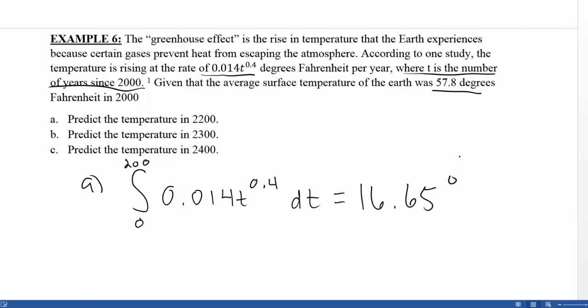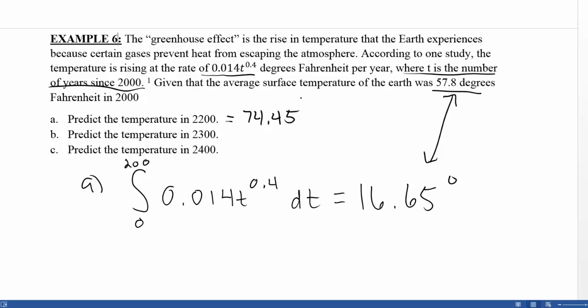Remember, this is in degrees Fahrenheit, which means that the temperature changed by 16.65 degrees. If we want to know the actual temperature in 2200, we would add that to our starting point. So if we add 16.65 to 57.8, we get 74.45.